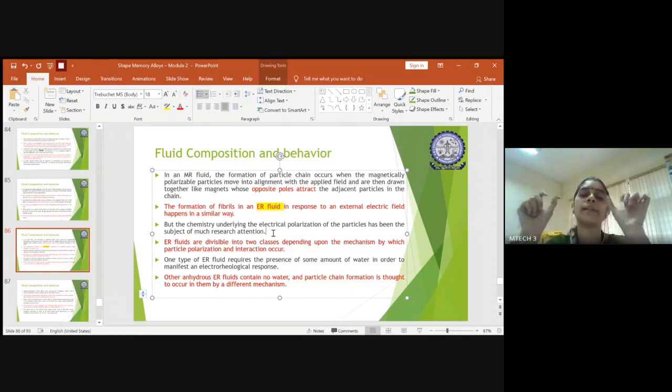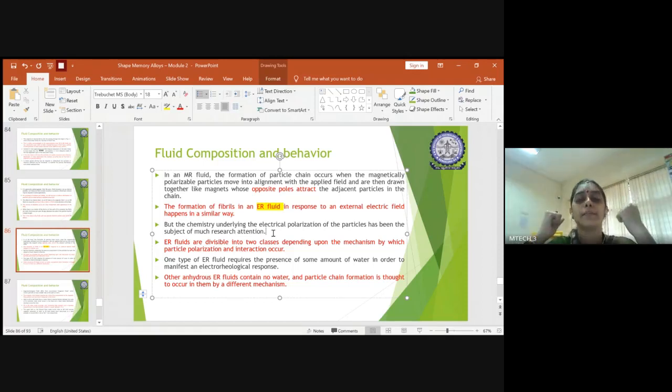So when we compare all these aspects, we feel ER fluid is better than MR fluid, because any device, if it has to come into the market, has to be seen for large scale production and huge customer satisfaction. If there is any problem or drawback, then that product cannot be used in the longer run.